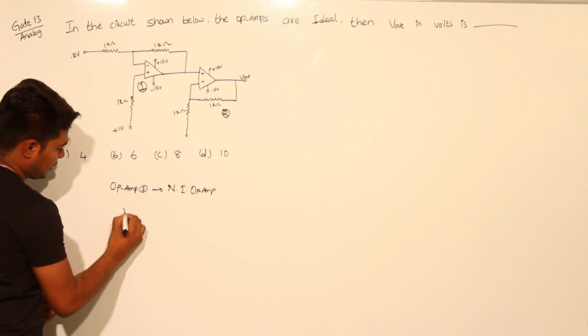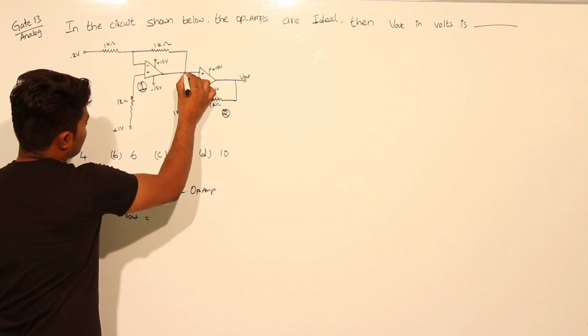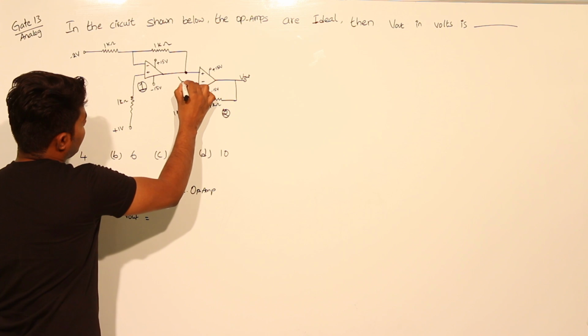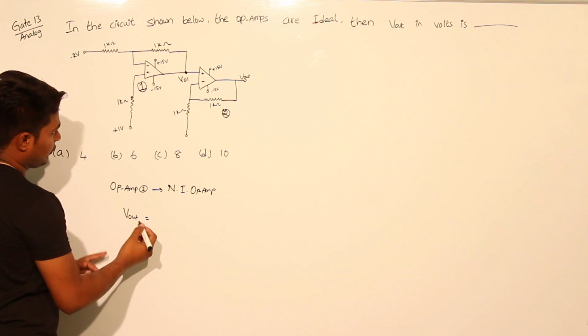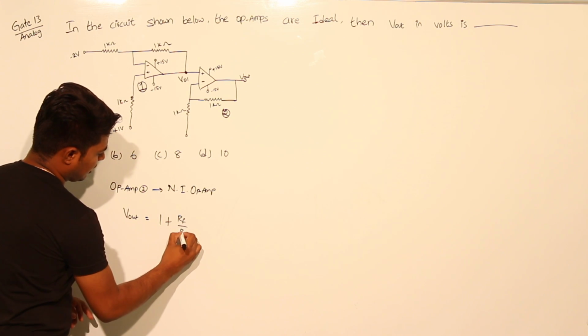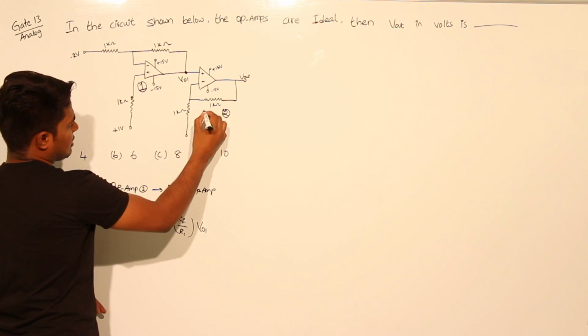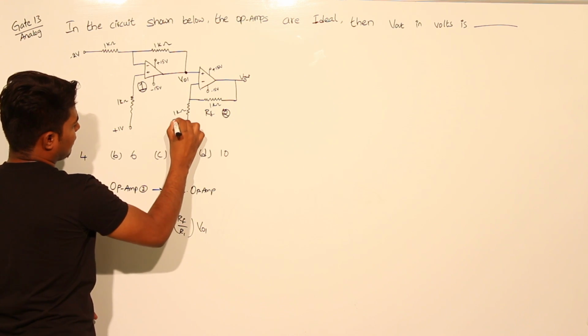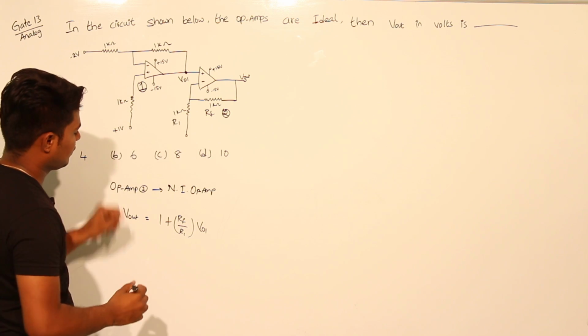Then we can write Vout as follows. Let this be the point where we are applying the actual input. This can be called VO1. Now Vout equals 1 plus RF by R1 into VO1. This is RF, this is R1. Now substitute the values of RF and R1, 1 kilo and 1 kilo.